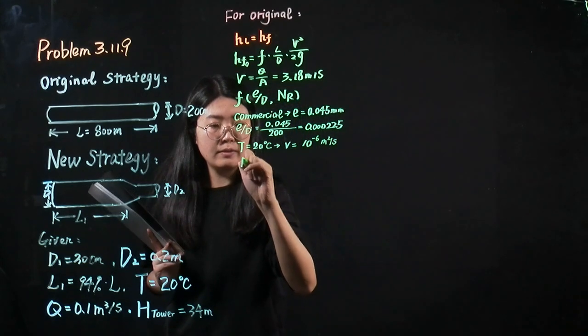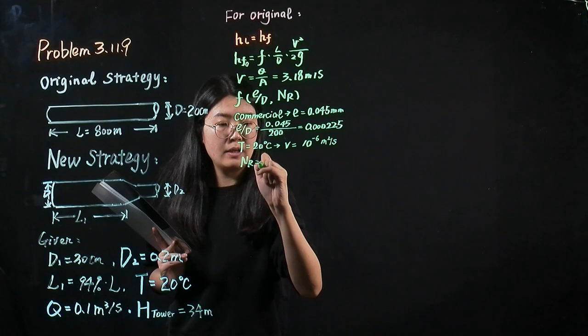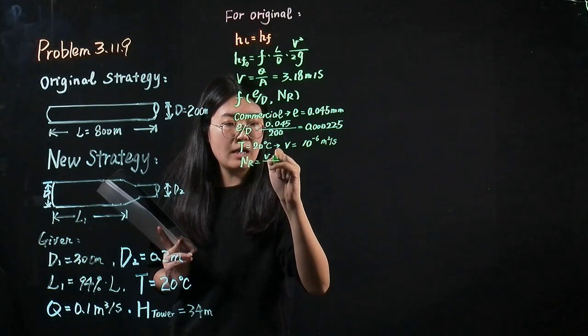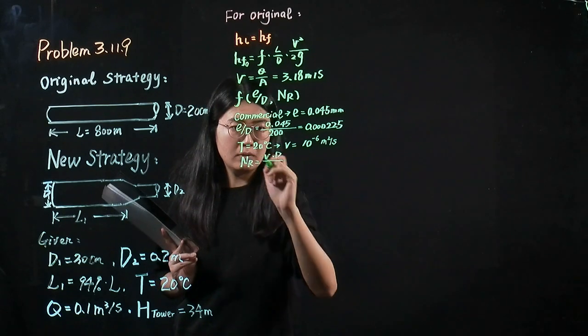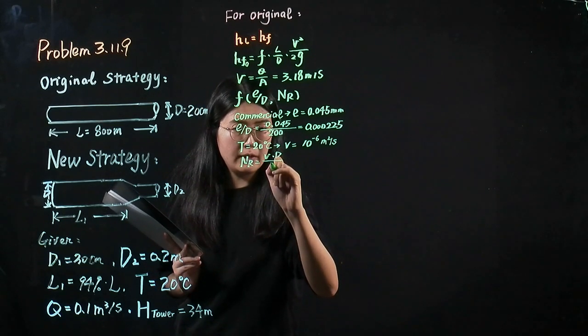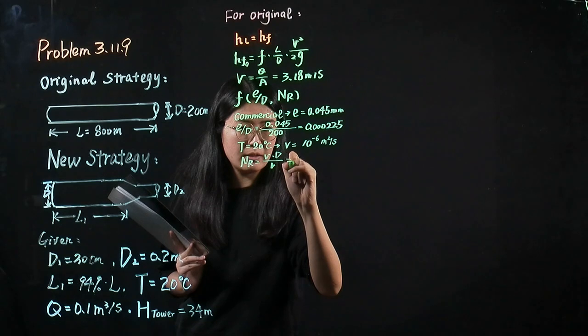And then we can calculate the Reynolds number, which is equal to velocity times the diameter divided by the kinematic viscosity.